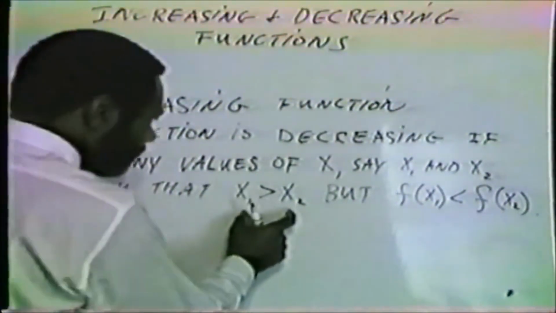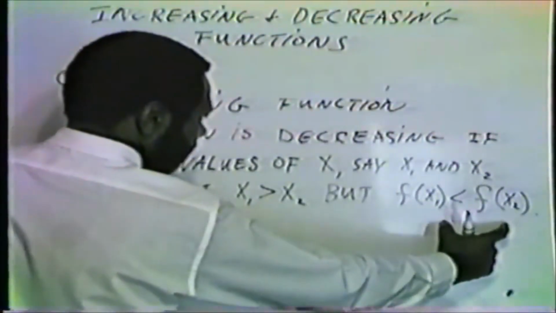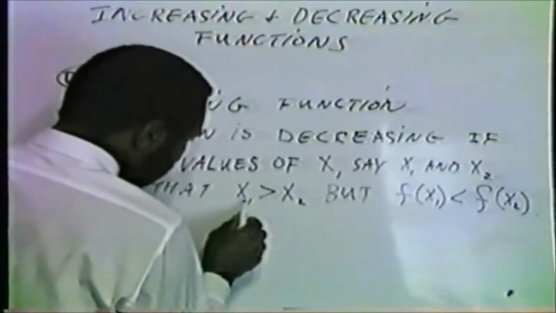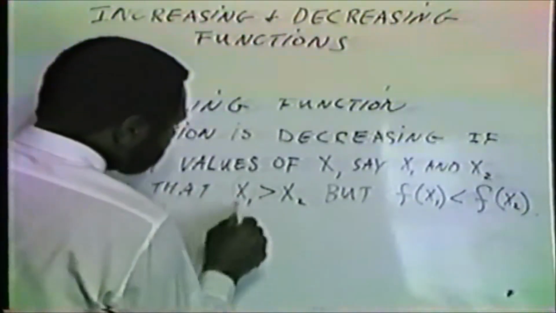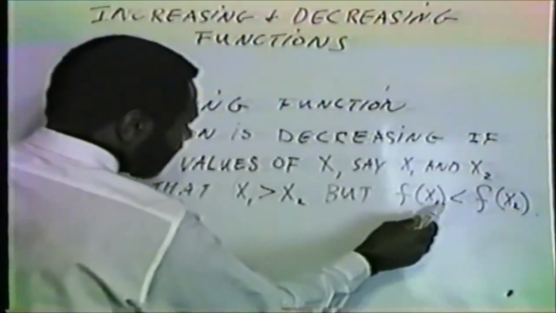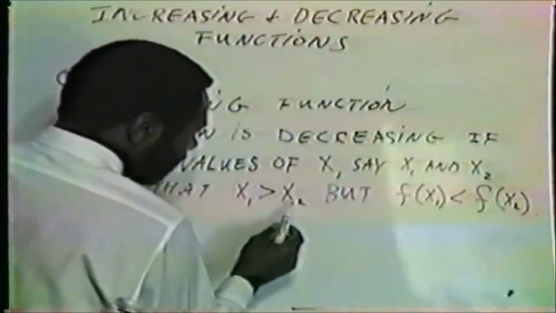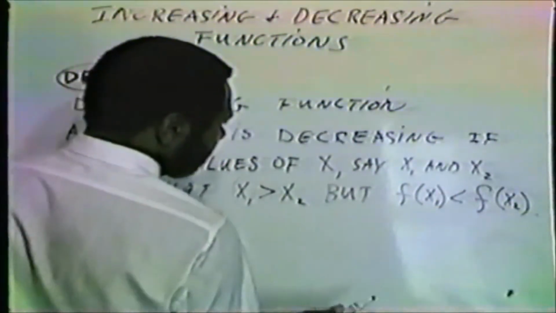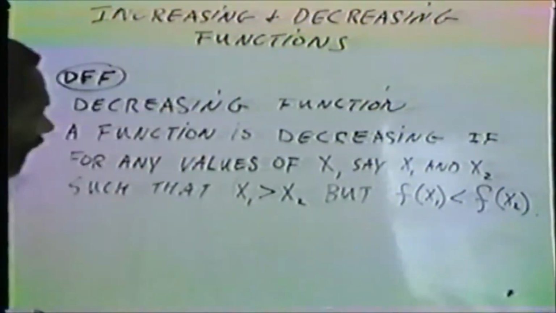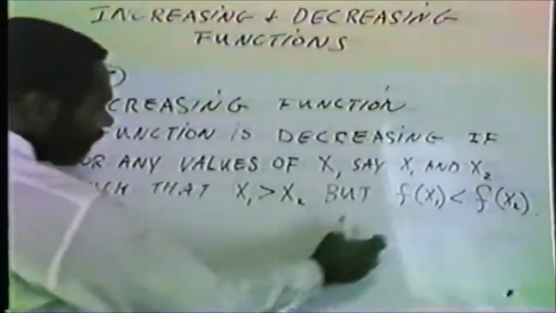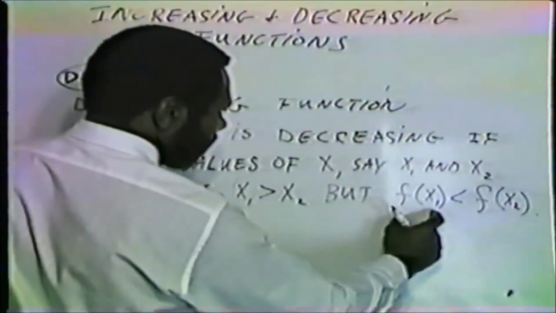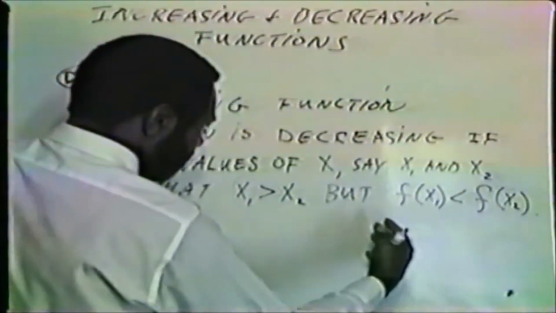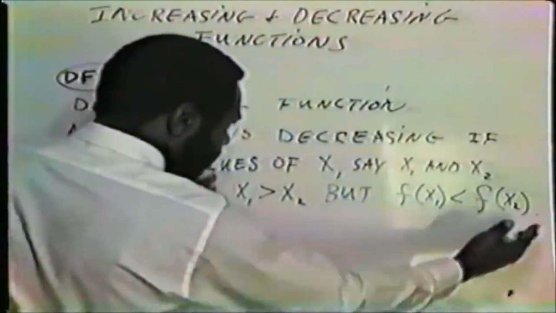Then you substitute those two numbers into the function for x, so you find f of x1 and f of x2. And then, of course, you can determine whether or not f of x1 is smaller than f of x2.